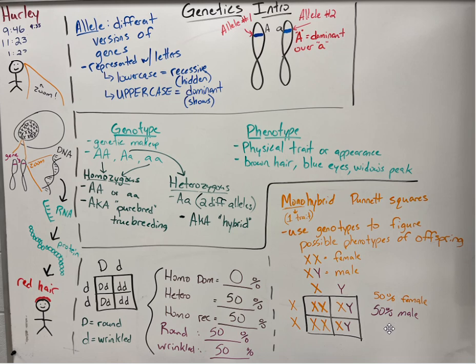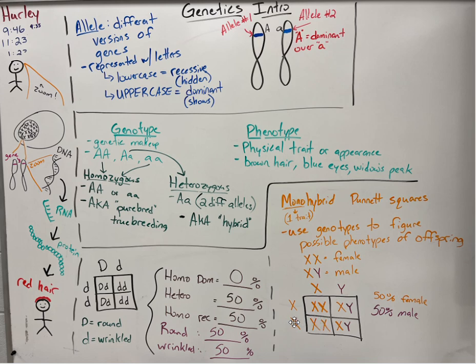So you may ask, how in the world did I fill that out? Similar to multiplication tables, everything in this column is going to have whatever is here, and everything in this row is going to have whatever is here. So if I'm talking about this square, I'm going to look up to this capital X, and over to this X, and it's going to bring them both into here. Same thing here.